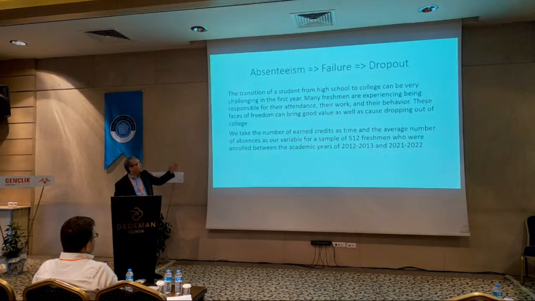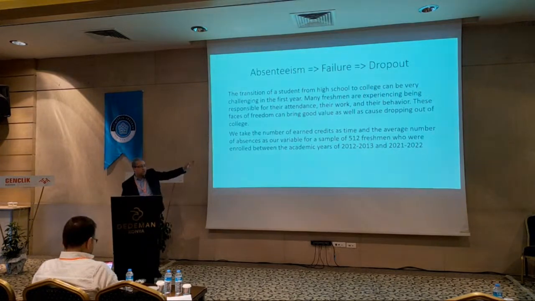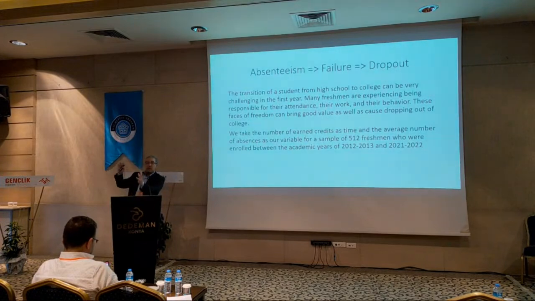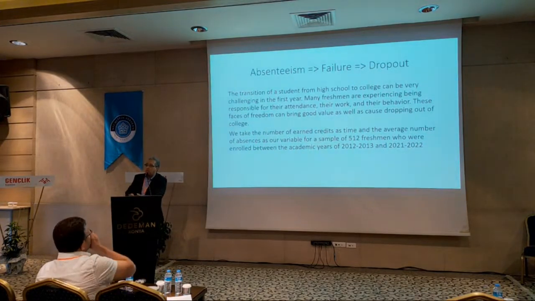And we looked at the average number of absences that they accumulated, along with the earned credits, how many earned credits they had once they left the university. So once they left the university, they have accumulated a certain number of absences, and they have accumulated a certain number of credits earned.